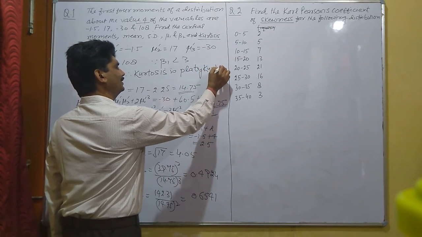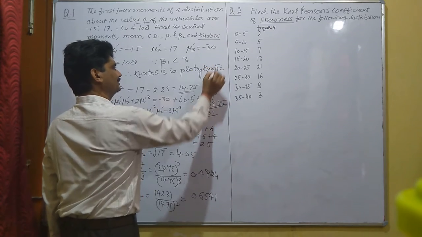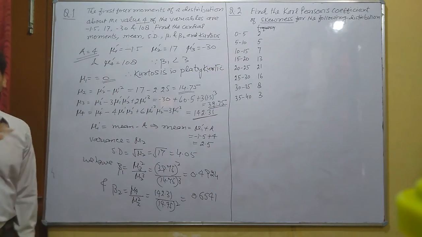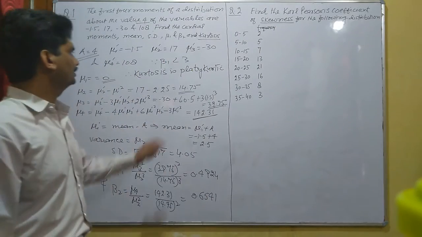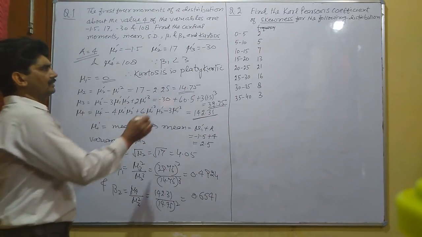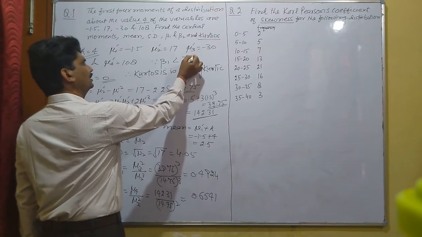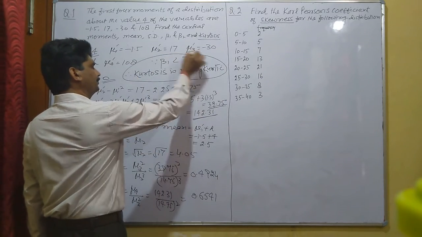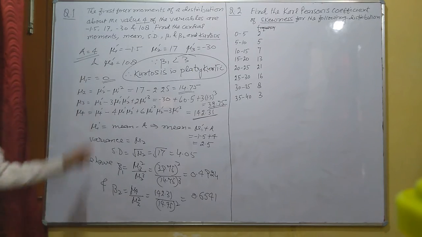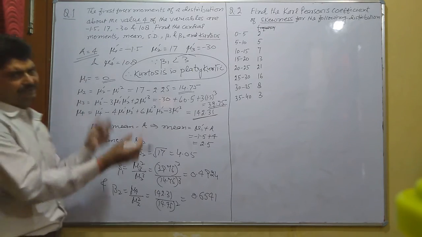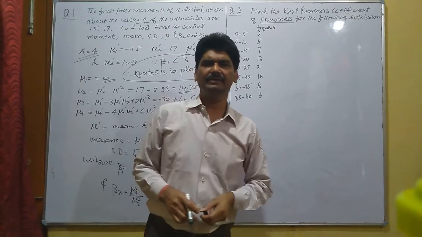That is the nature of kurtosis. Kurtosis means the property of a distribution regarding flatness and peakedness. So this is platykurtic, the nature or type of the kurtosis. Okay, so this is our first problem.